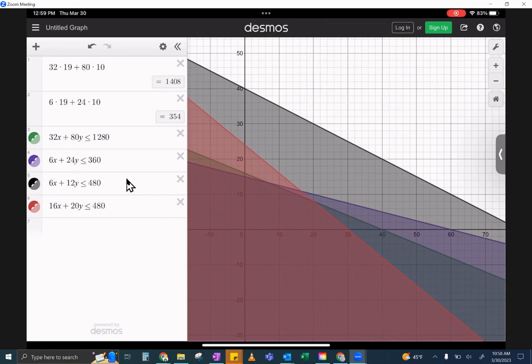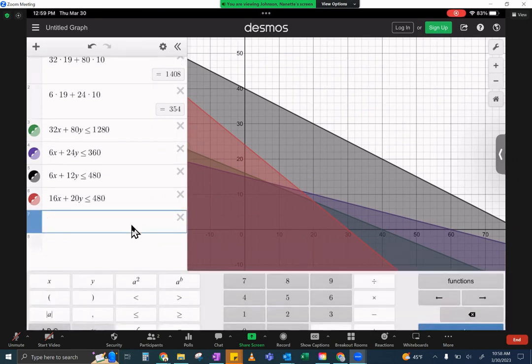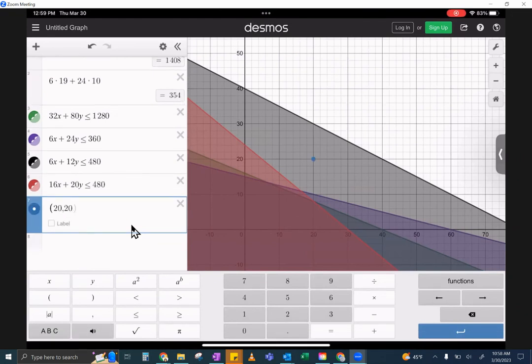Okay, so things that you should notice is that there are certain sections. If you were to choose one of these points, and this is what I want you to go through, what if I plugged in 20, 20? This point right here. Let me actually plot the point 20, comma 20.